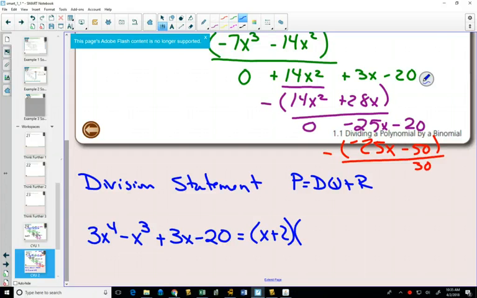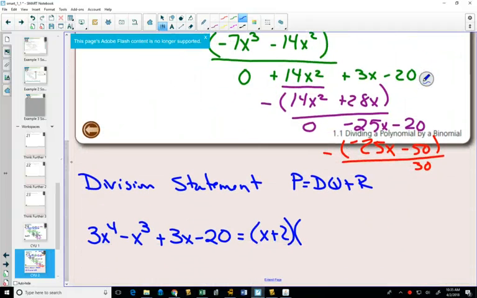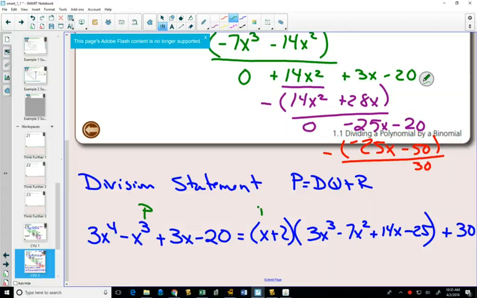Our quotient was 3x cubed minus 7x squared plus 14x minus 25. And a remainder plus 30. So if I label things, this was my polynomial, this is my divisor, this is my quotient, and here's my remainder.